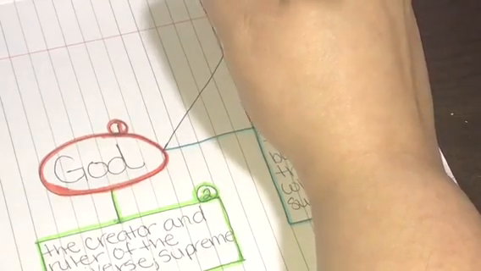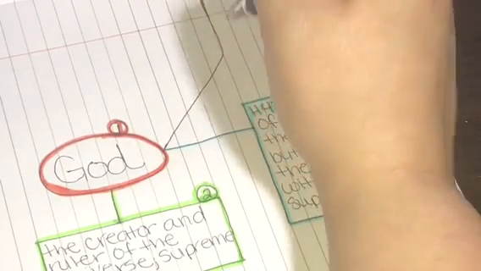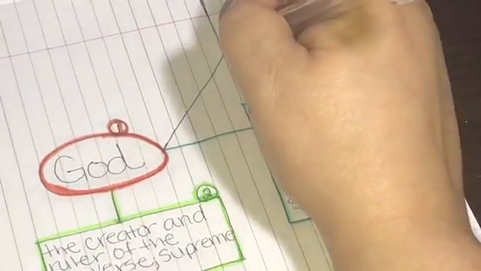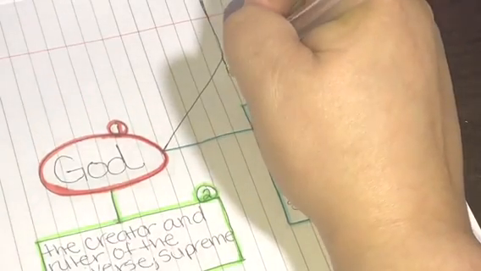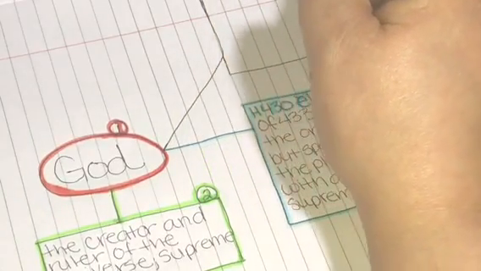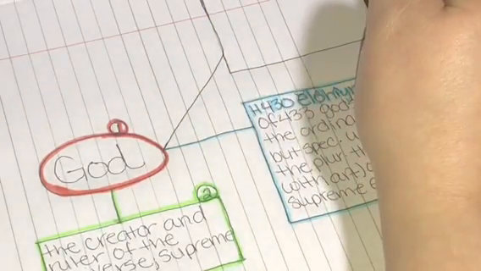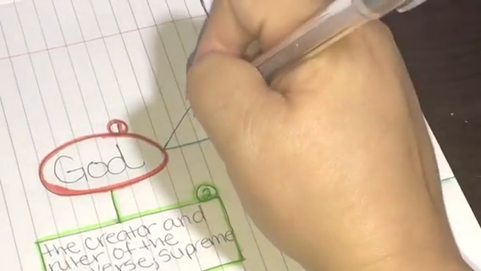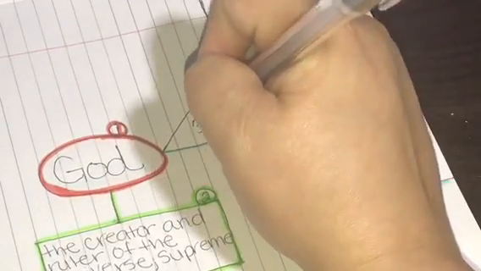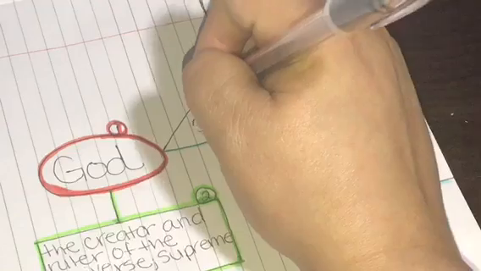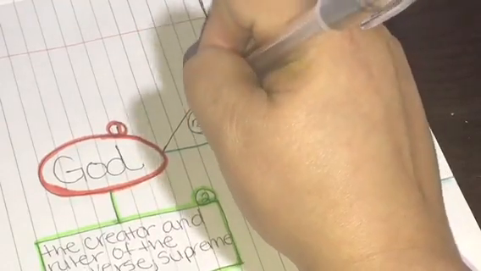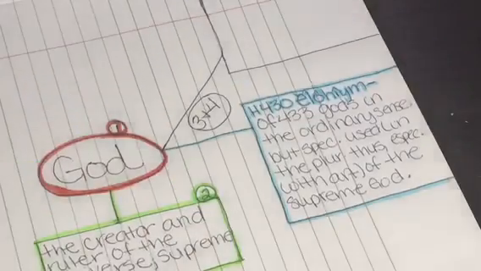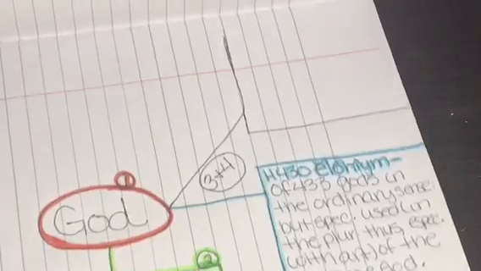So you draw a line going above it. You can do it a little bit below. And then what I put here is 3 and 4. And draw a line. So it looks like that.